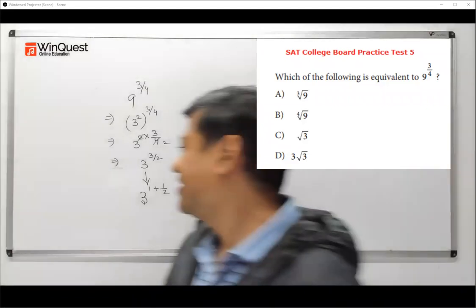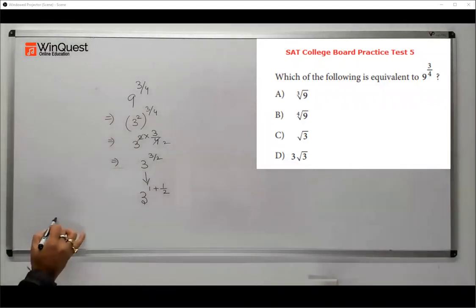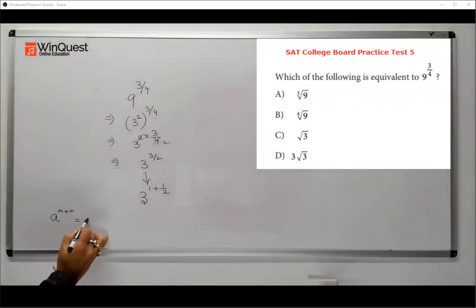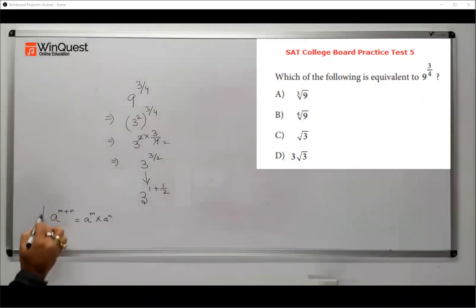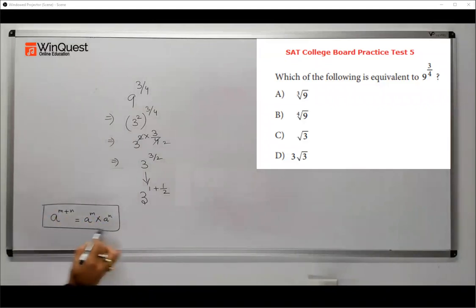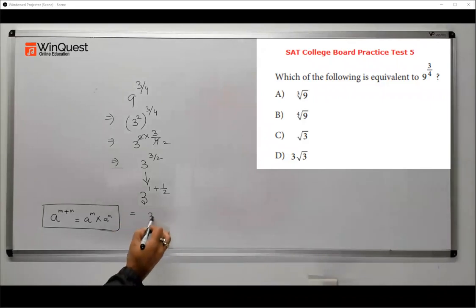Okay. We learned a formula that if powers are added, it can also be written as this. We learned that. So in this case, I am going to write 3 to the power 1 multiplied by 3 to the power half. Can I do that?